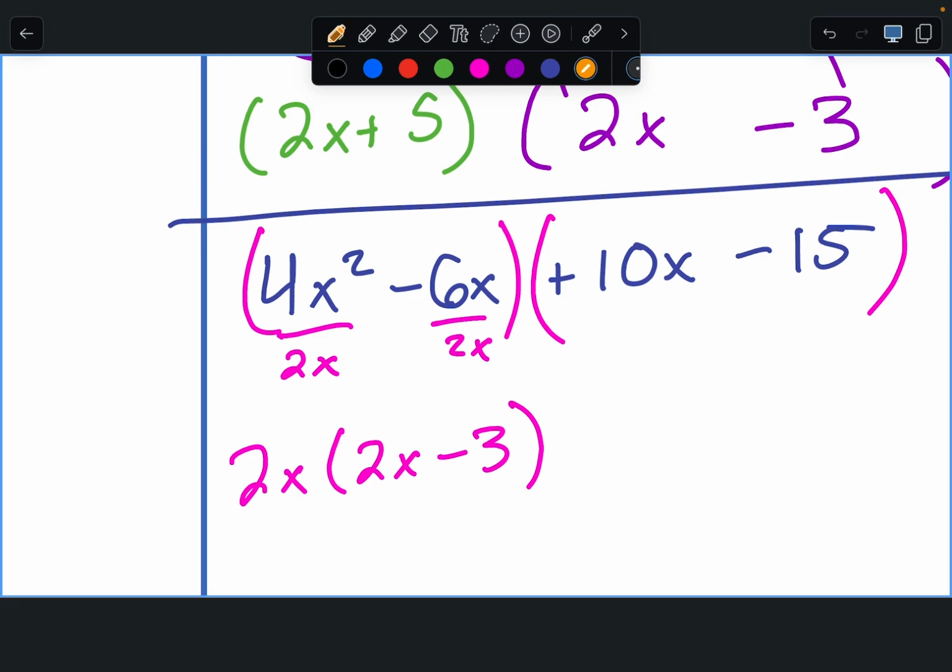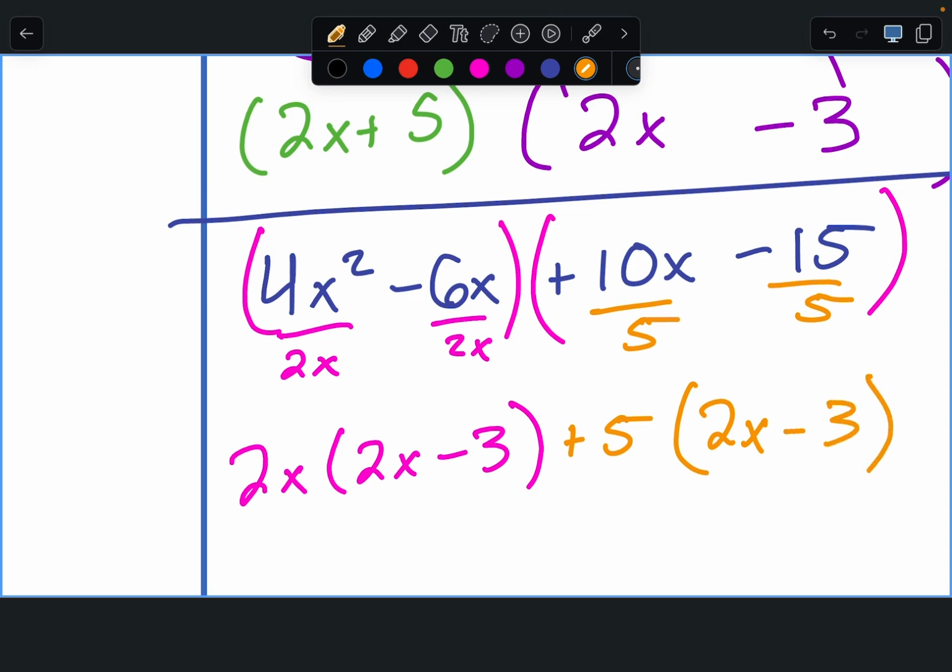What can I take out of 10 and 15? A 5, right? So if I divide both of these by 5, I get plus 5. 10x divided by 5 is what? 2x. And then negative 15 divided by 5 is negative 3.